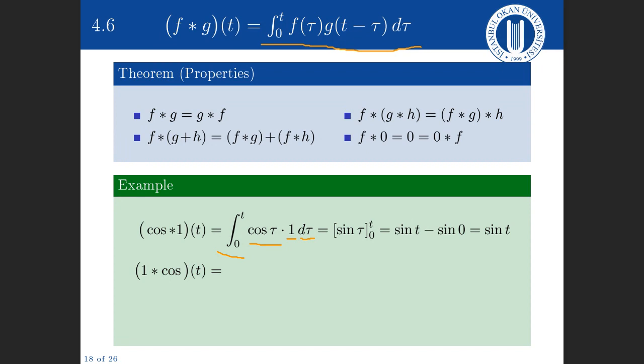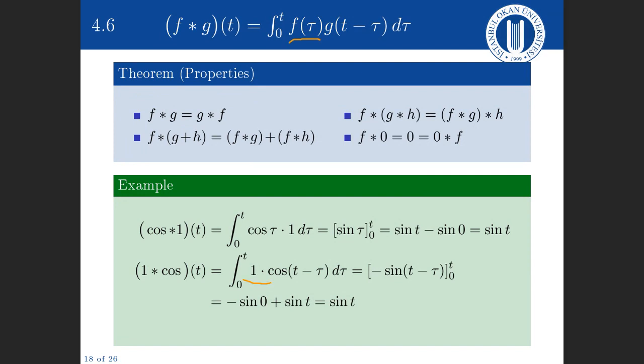Now let's do the convolution of 1 and cos. The theorem says it should be the same, so we should also get sine t. Integral between 0 and t. First function is a function of tau, so that's just the 1. Second function is a function of t minus tau, so cos of t minus tau d tau.